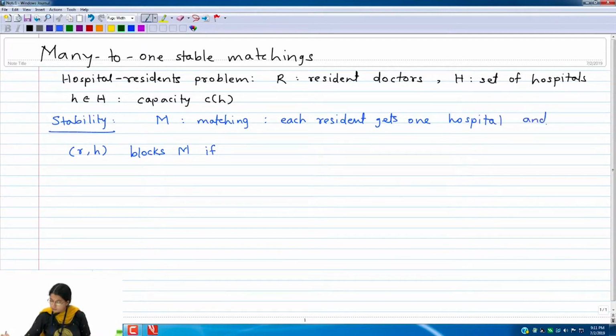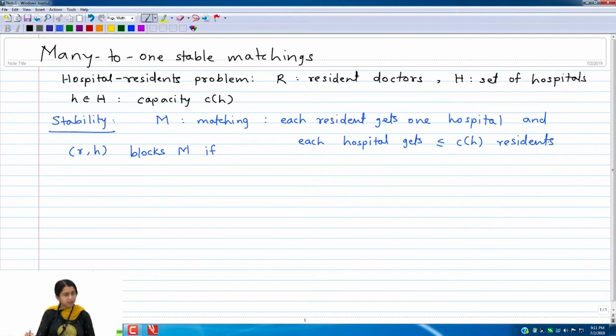And we need another condition, that is the condition on hospitals. Yes, so now each hospital gets at most CH many residents. So we will assume that the matching M satisfies this property, and for this matching M we want to identify blocking pairs. We want to know how to define blocking pairs with respect to this particular matching M which satisfies both of these.